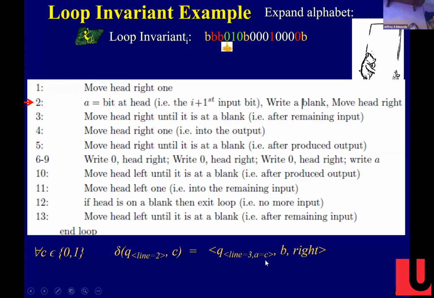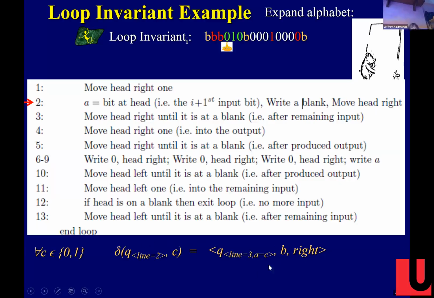Now what is C? Well, C is either 0 or 1. The table says in the column where I'm reading 0, I go into state A equals 0. In the column where I'm reading 1, I go into state A equals 1. So I'm just filling in 2 entries of the table. When C equals 0, fill it in this way.